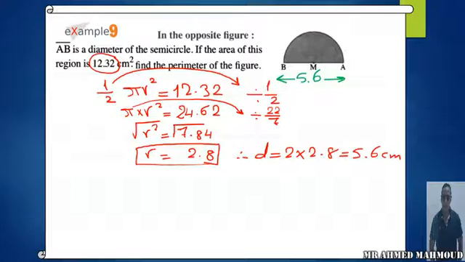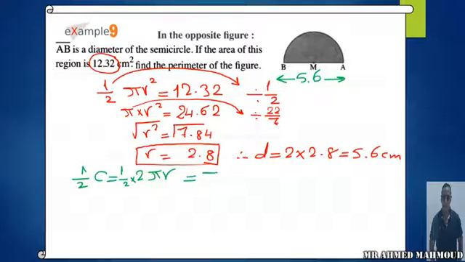First, the circumference of the circle equals 2 pi r. Then the semicircle, or half the circumference, equals half times 2 pi r. Half times 2 equals 1.